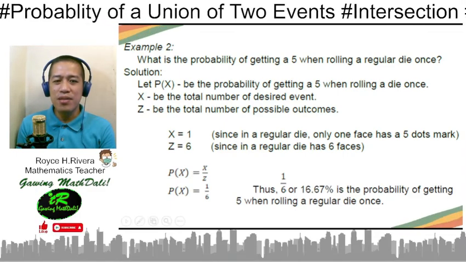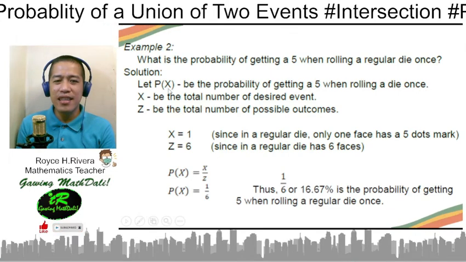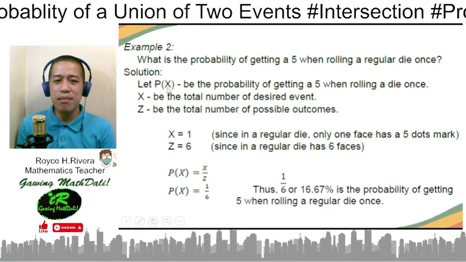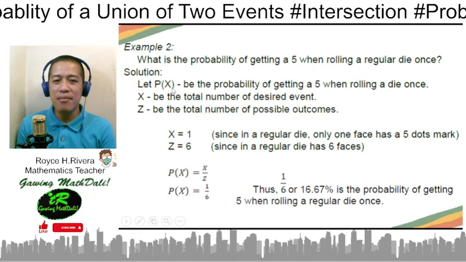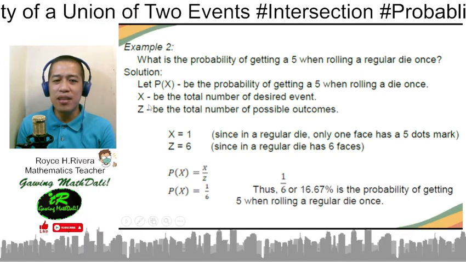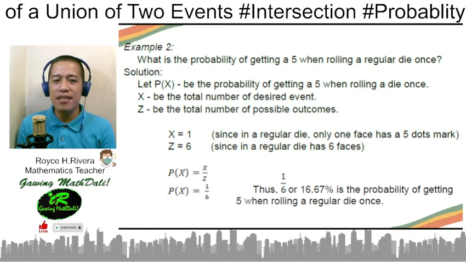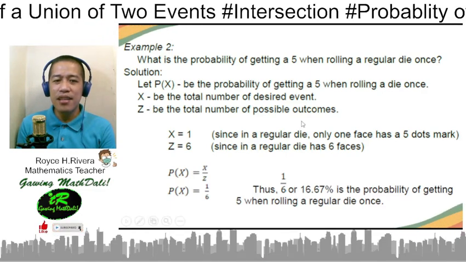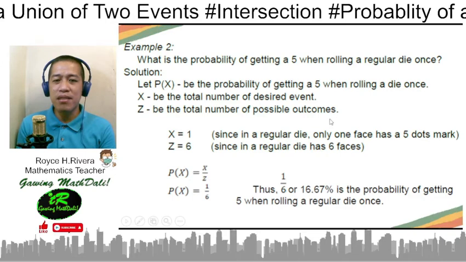For our solution, we let P of x be the probability of getting a 5 when rolling a die once, x be the total number of desired event, and z be the total number of possible outcomes.